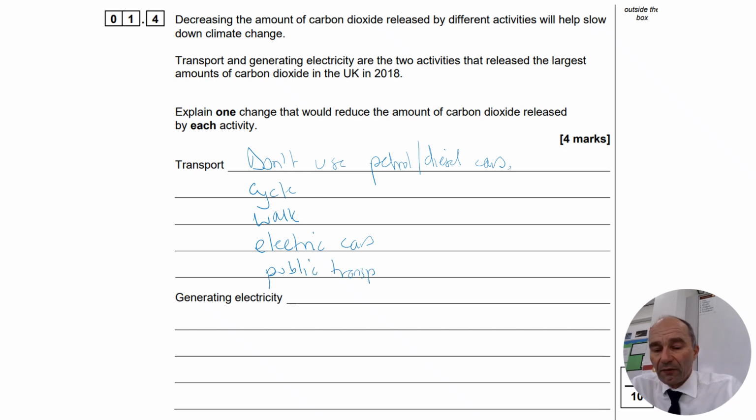So that has less of an impact, and the reason for it is that we're reducing the amount of fossil fuel that we're burning. So we're not burning fossil fuels, which means we're releasing less CO2, so it's having less of an impact on climate change. In terms of generating electricity, we just don't want to be generating electricity using fossil fuels.